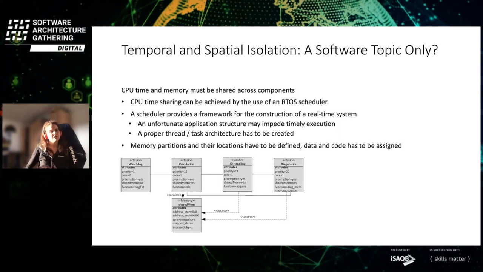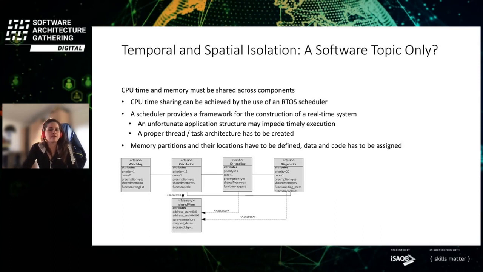And a real-time operating system scheduler provides some kind of framework for the construction of a real-time system. So which basically means just using an operating system like this alone doesn't help me to achieve the real-time capabilities, but I have to use the operating system in a way that it is actually able to provide an execution for me that fits these real-time requirements.